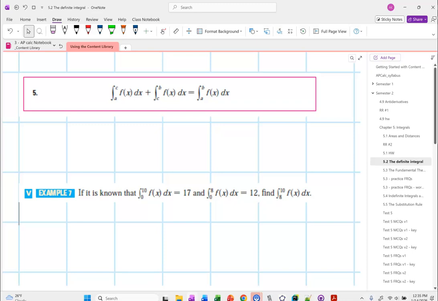So look at this property 5. What's really going on here? Let's think about this graphically, because it's super obvious why this would work. So let's say we have some curve here. Here's A, here's C, and here's B. So this first integral is that area, right?